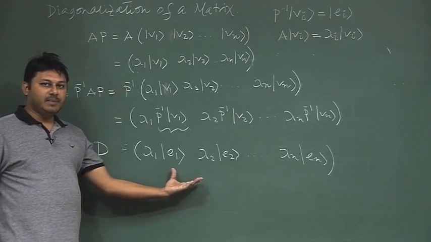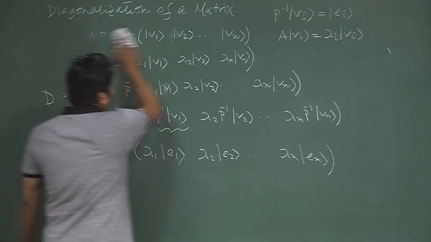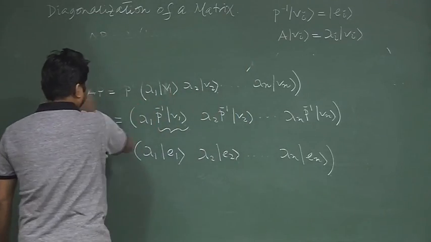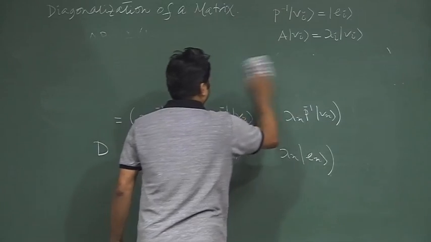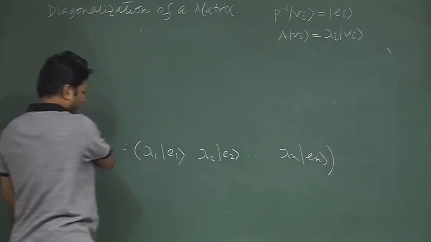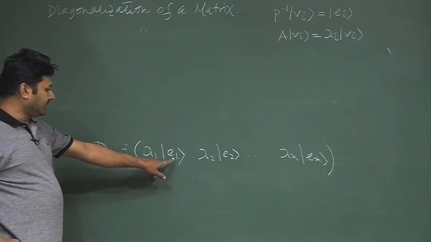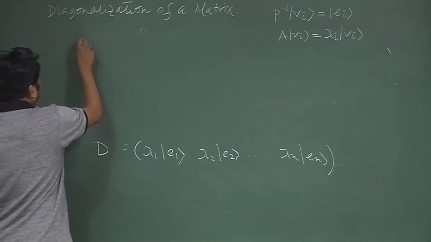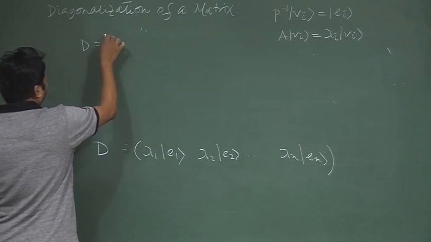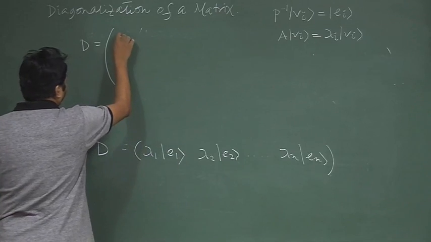I can write this D matrix in this compact form. Now I will expand this form and you will readily understand what is going on. So I get the D matrix like this, I just replace Ei with the matrix form. So what will be lambda i multiplied by Ei?